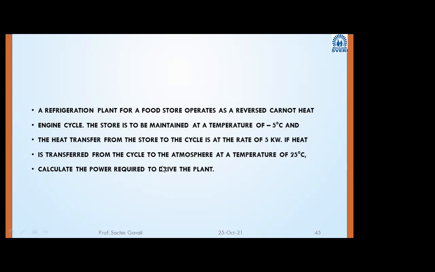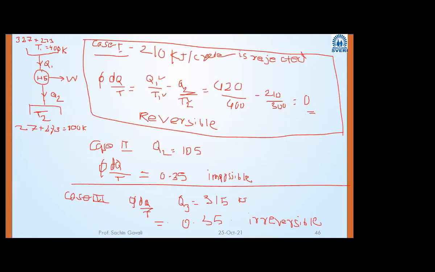The store is to be maintained at a temperature of minus 5 degrees Celsius. So what is this minus 5 degrees Celsius?